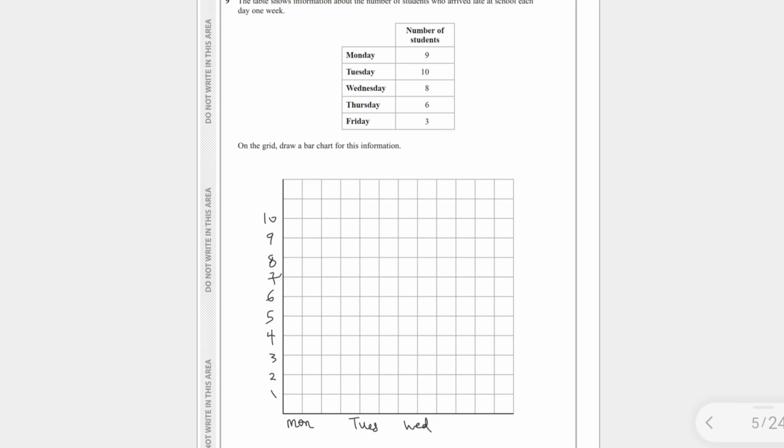No, it will not be enough that way, so I have to adjust it. So let's say this is Monday, Tuesday, Wednesday, Thursday, and Friday. So Monday is 9.